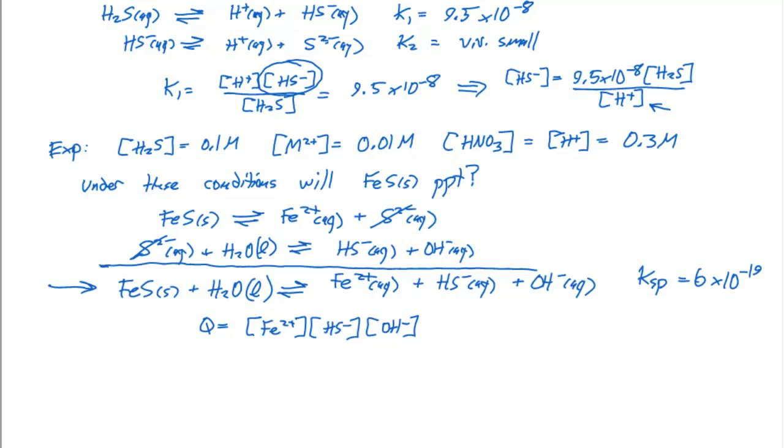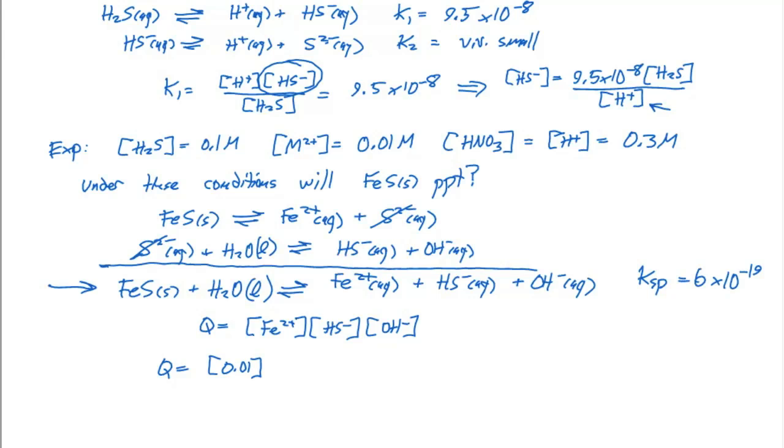So if we wanted to set up this expression here, our Q is going to equal the iron 2 plus concentration, which is given in this case to be 0.01.